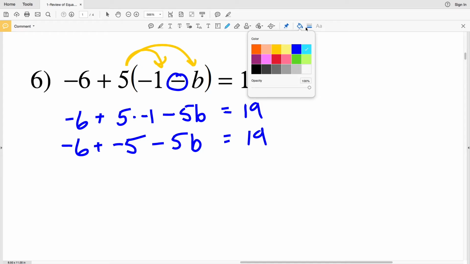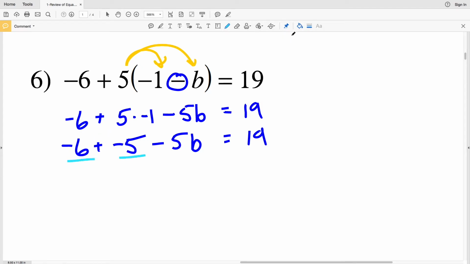Now I'm going to combine my like terms, which are the negative 6 and negative 5. Negative 6 plus negative 5 is going to give me negative 11, and then we have minus 5b, and that's equal to 19. My next step, I want to isolate the b, so I'm going to have to get the term that contains b all by itself, which is that negative 5b.